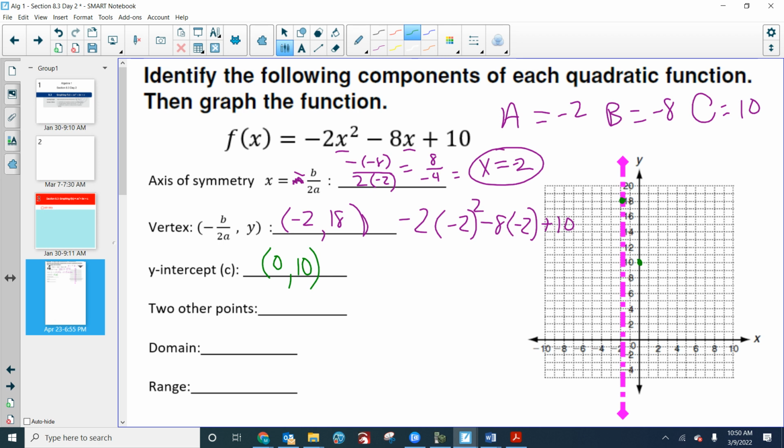What can I do with that? Can I mirror it over, Logan? Okay, everybody see that, watch this. I went 2 to the right of the axis of symmetry. So go what? Left 2. Now it's starting to form up.